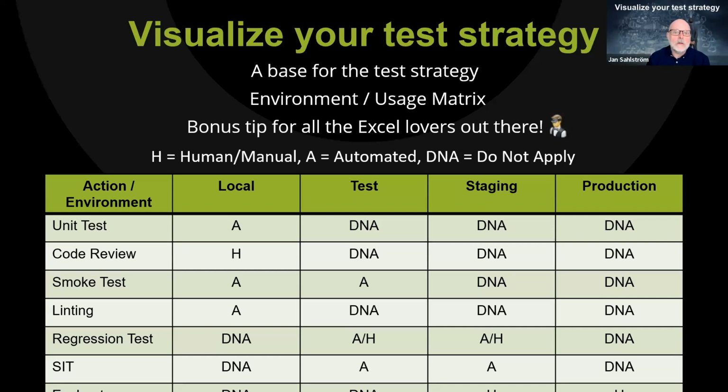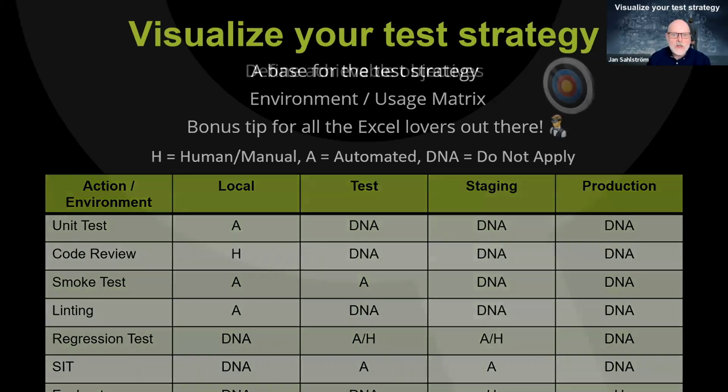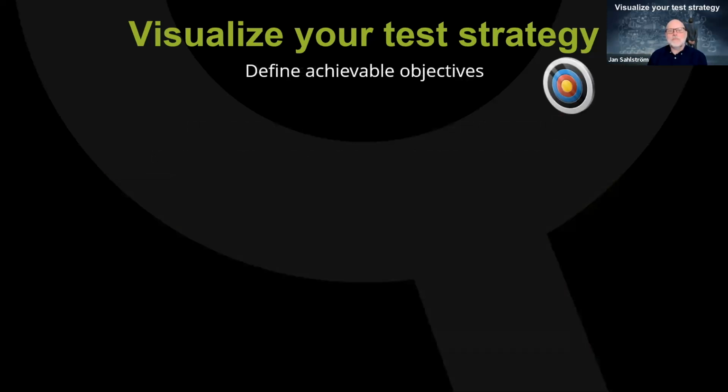So those are the different base models for the discussions you want to have. It's important to remember that these are the basis, as I said, for discussing things, for moving forward, and to get to this point where you try to define achievable objectives.